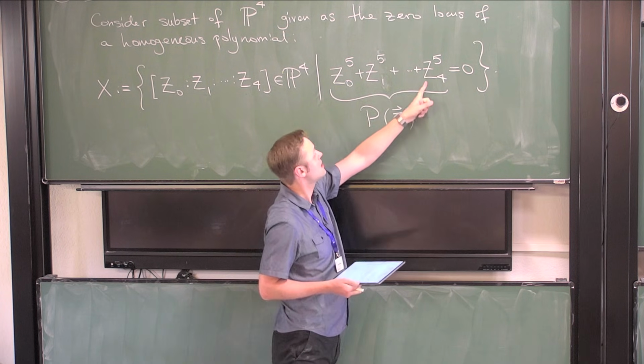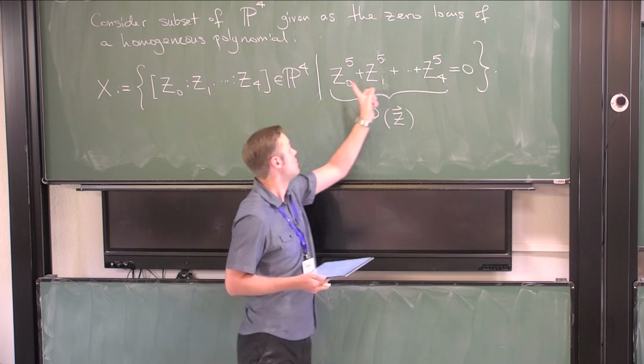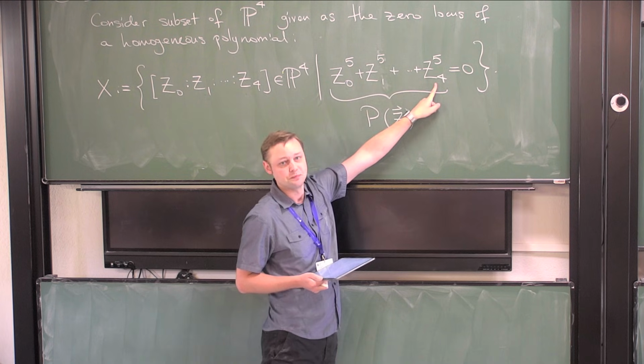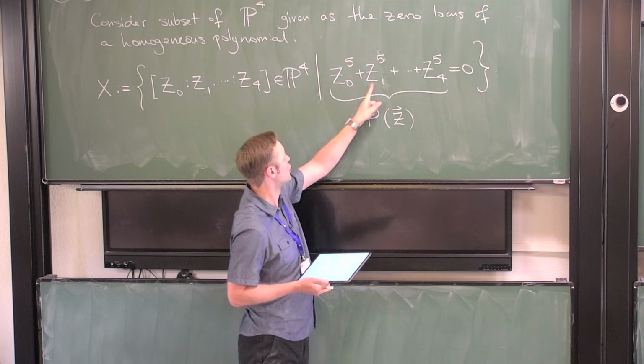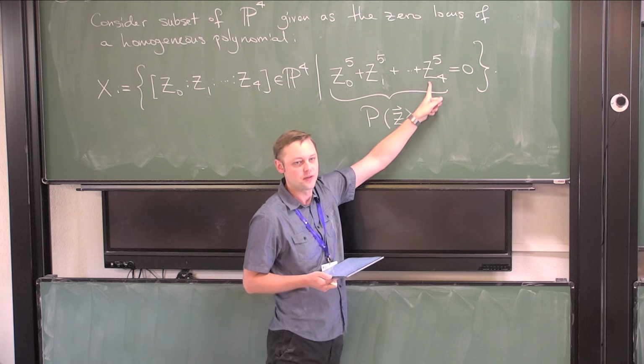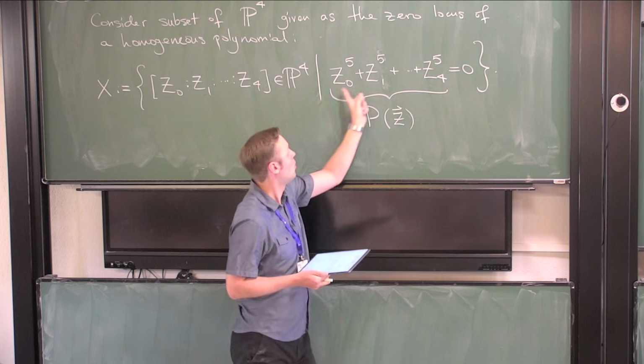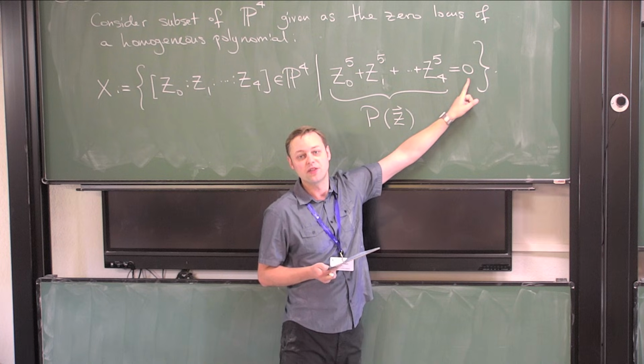But make no mistake, this is an unambiguous definition. Reason being that this polynomial, although these monomials involve some kind of ambiguous quantities, all I need from this is that the whole thing equals 0.